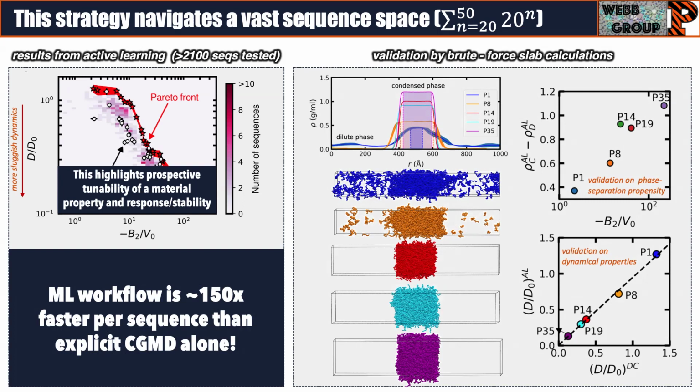We find very good correlation between these expensive simulations and the results from machine learning on both the phase separation propensity and the dynamics. So that means the models did a good job overall.